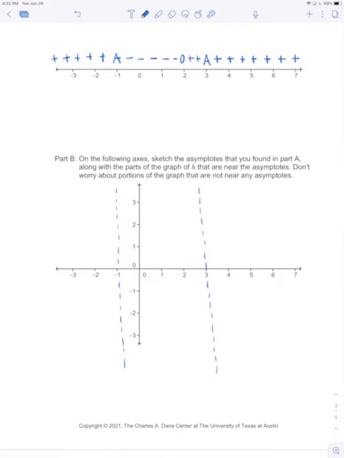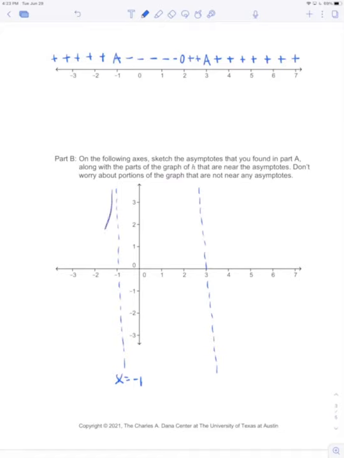And it said, let me read this again, on the following axes, sketch the asymptotes that we found in A, along with the parts of the graph of h that are near the asymptotes. Okay, so if we start with -1, the asymptote x equals -1, we're going to be on the left side of that, we're going to be positive.